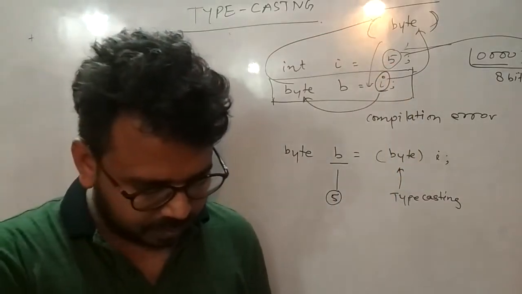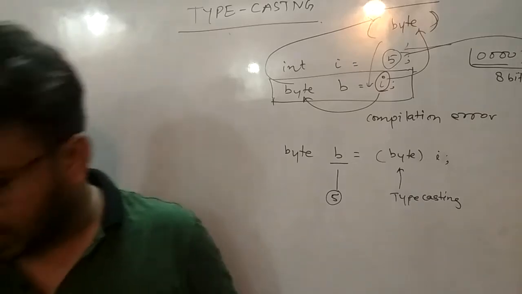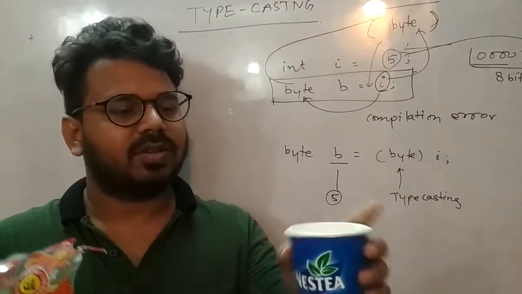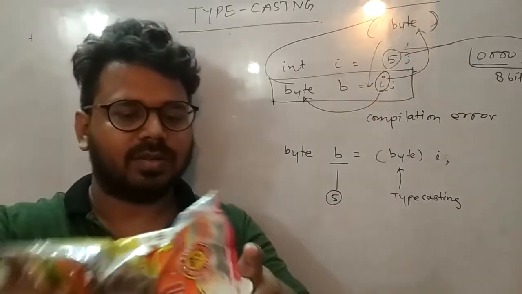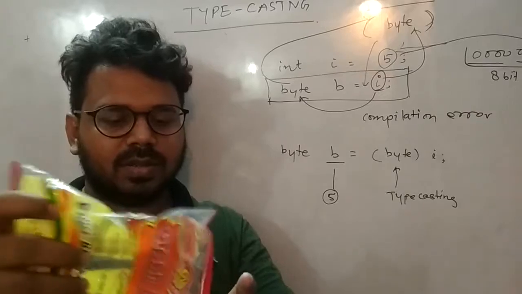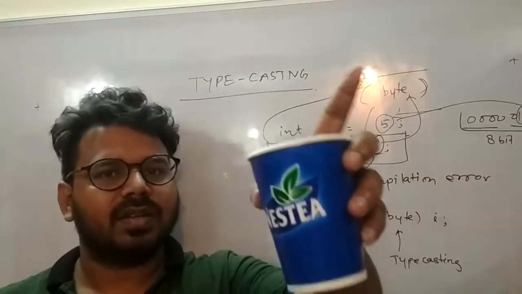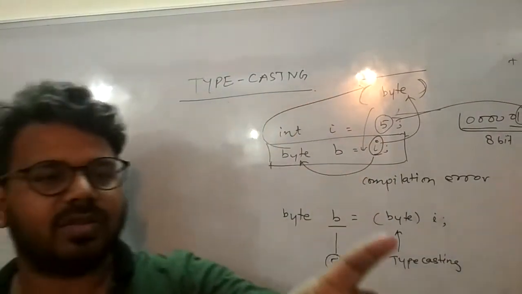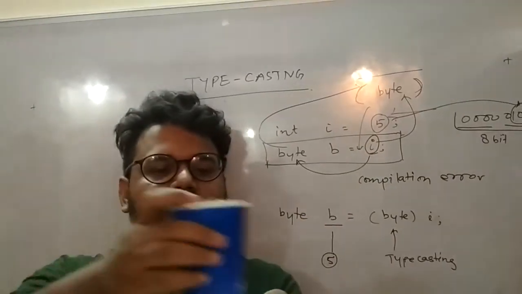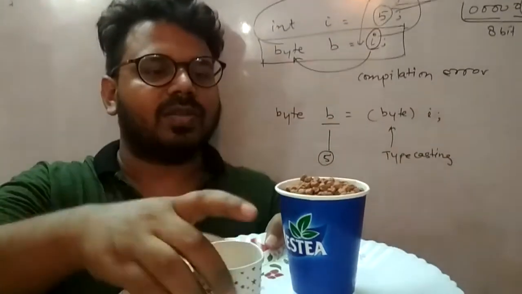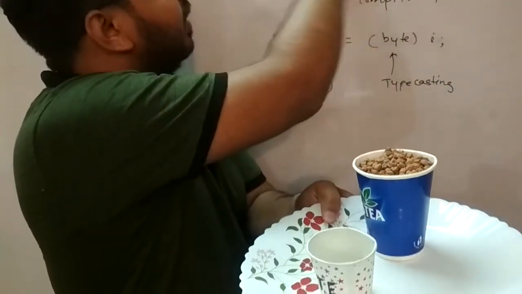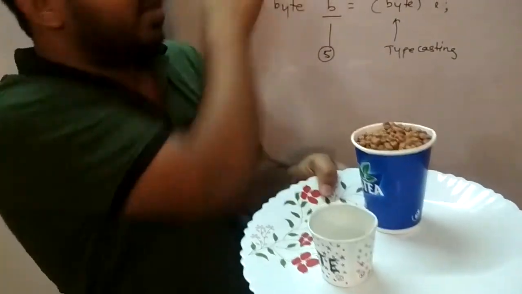Now I have some content which I will pour into this int value. Now this value is filled completely. Now here you can see I have this int value and this byte value. What will happen if I store an int value into a byte?